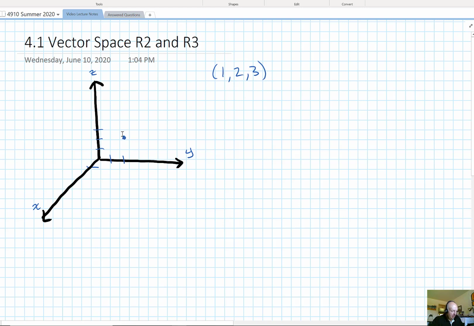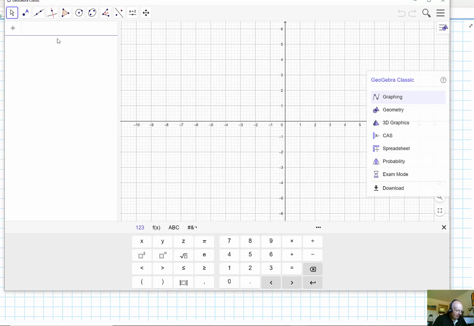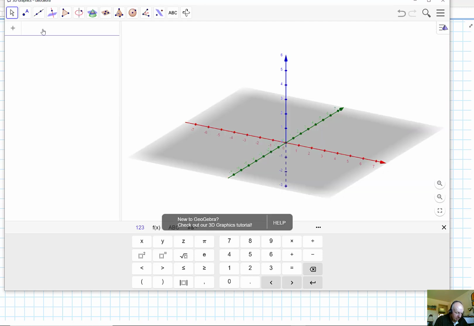Now, just so you don't have to suffer from my artistic ability, we can throw this into Desmos. Desmos has a great way to do this. If you bring up Desmos and click on 3D graphics, it kicks you into 3D graphics mode and shows you your XYZ axes.